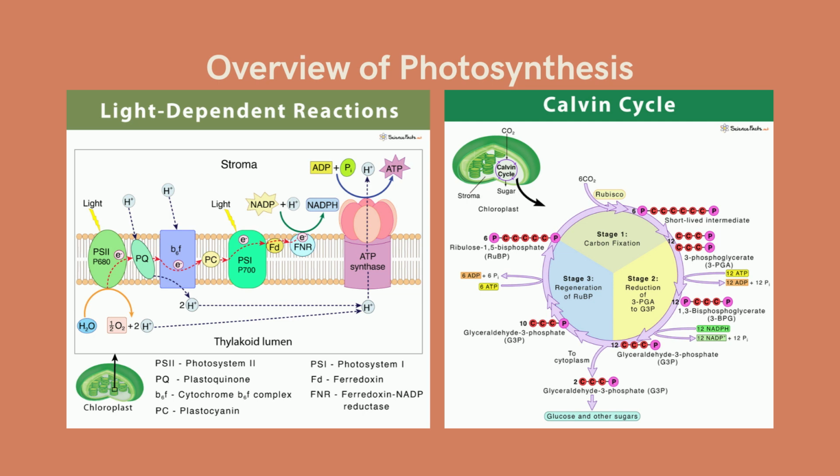So the light energy coming from the sun undergoes the electron transport chain, which releases oxygen and produces ATP and NADPH that is essential for the next step, which is the Calvin cycle.